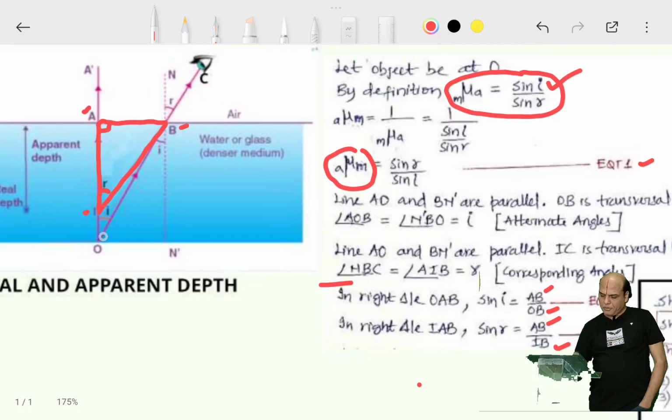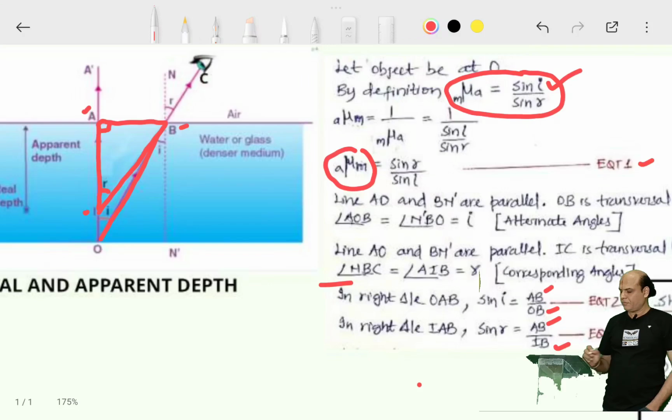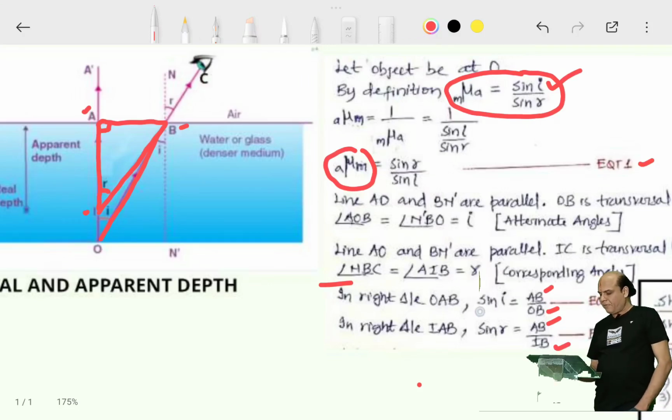So earlier the hypotenuse was OB and now the hypotenuse is IB. Clear? So we have arrived at sin I by sin R in terms of AB by OB and AB by IB. Clear?